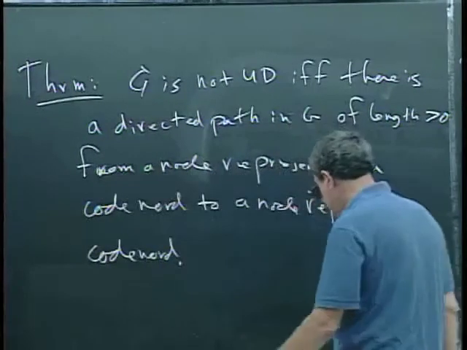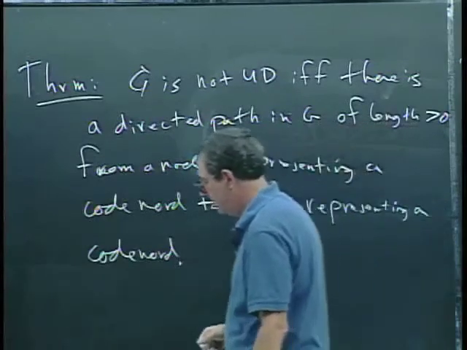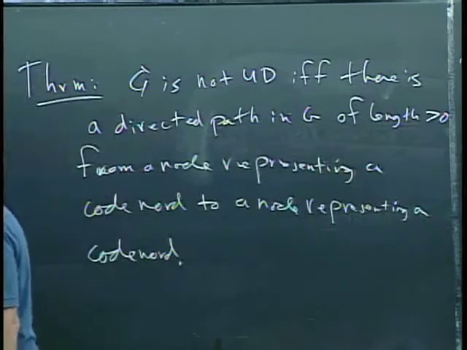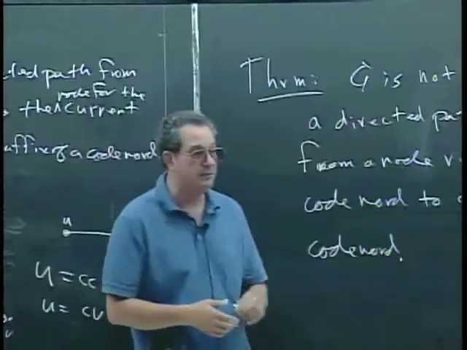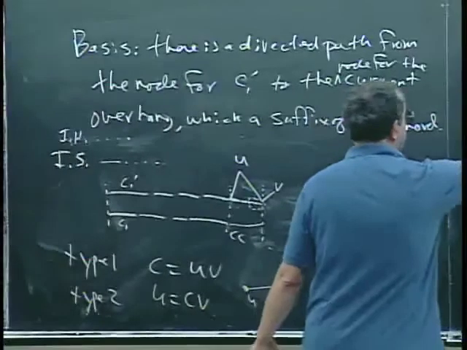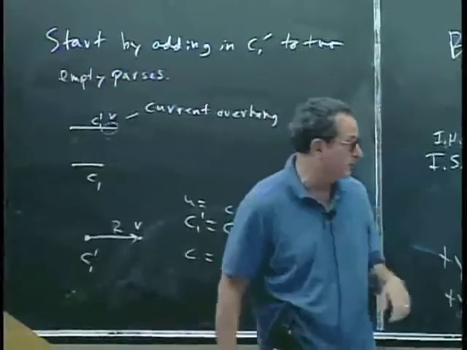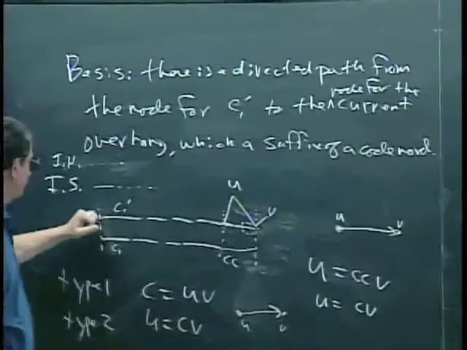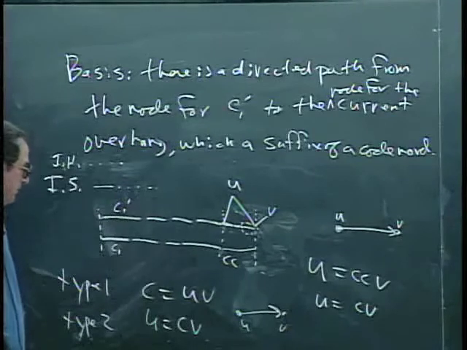Okay? Now, here's an exam type question that would be appropriate to ask. If the code is not uniquely decipherable, so we know that this theorem holds, assuming we have already proven that, is it true that the path from some starting code word to an ending code word always ends with a type 2 edge?